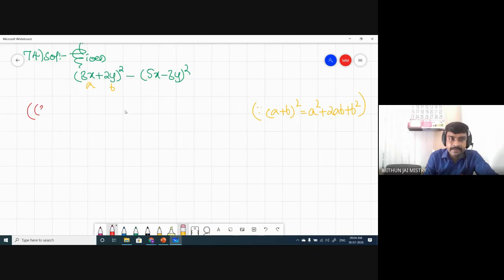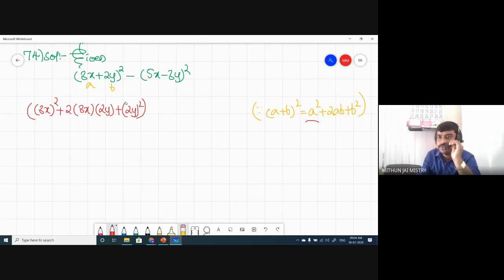You will get a square, that is 3x square, plus 2 into a, I am saying a but I will write 3x, into b, I am saying b but I will write 2y, plus b square, b is 2y, whole square. I have used this formula: a square plus 2 into a into b plus b square. So that is the expansion of the first binomial.